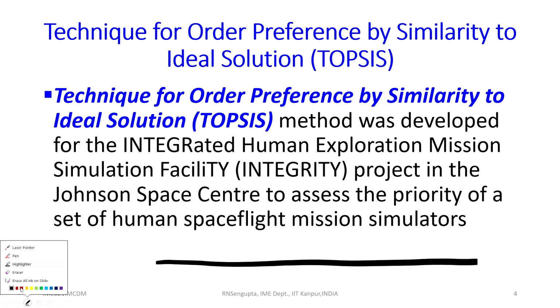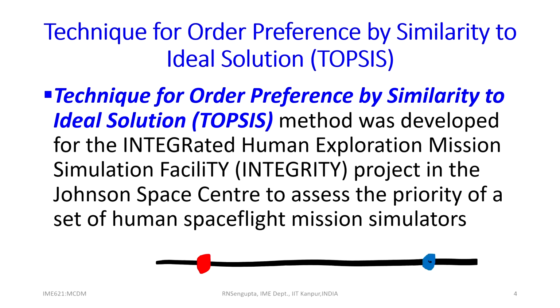Consider the most non-ideal solution is here, in red, and the best ideal solution is here, in blue. Whenever I consider any alternative or decision, the closer it is to the blue and the further it is from the red, the better.